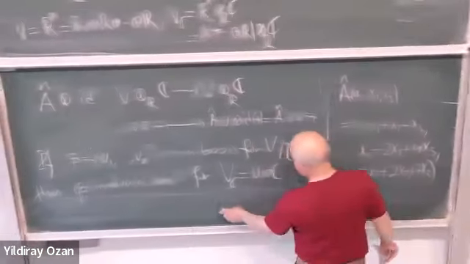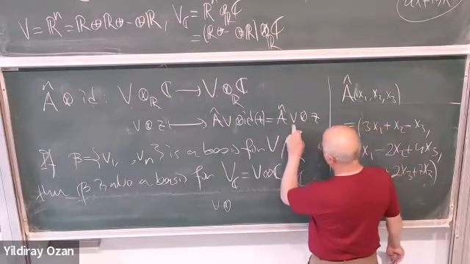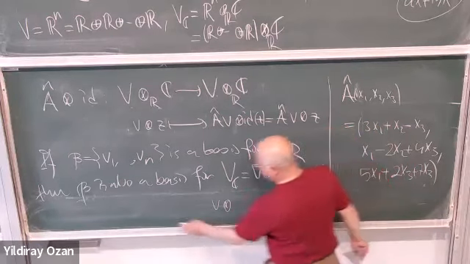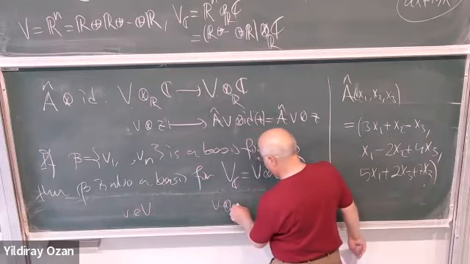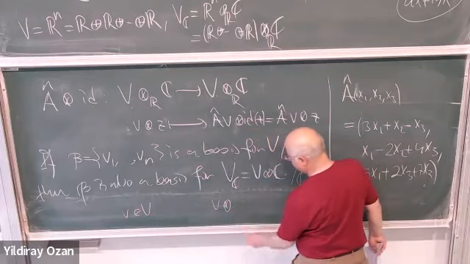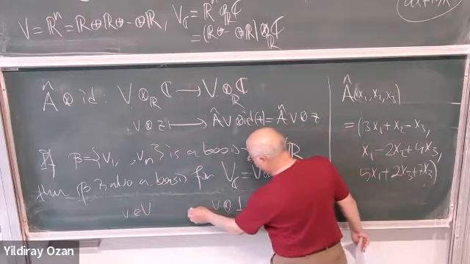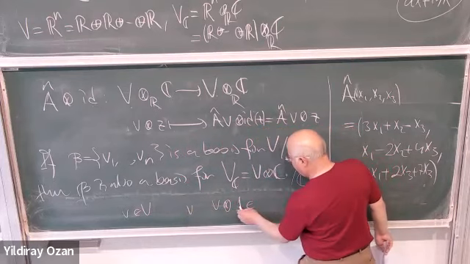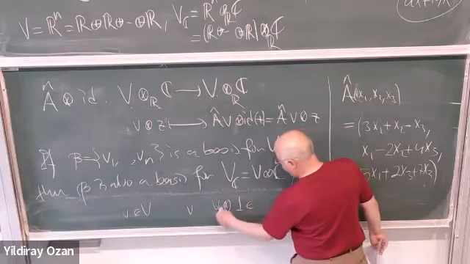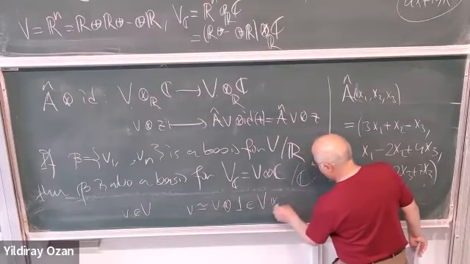Bir vektör aldığım zaman, reel vektörü, yani V'nin içindeyse, ben bu V'yi V çarpı 1 gibi V tensör C'nin içinde de görebilirim.